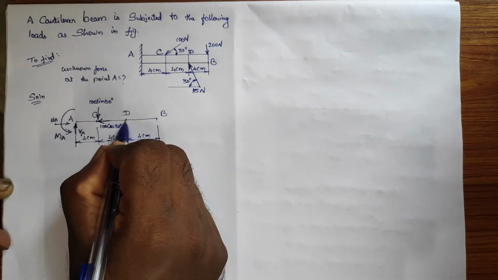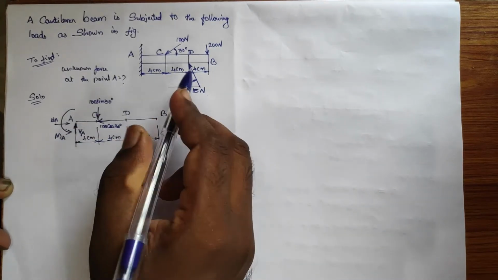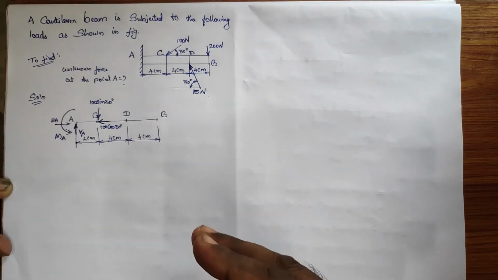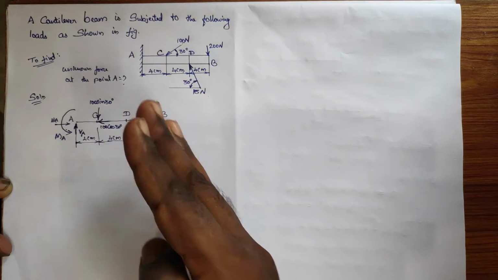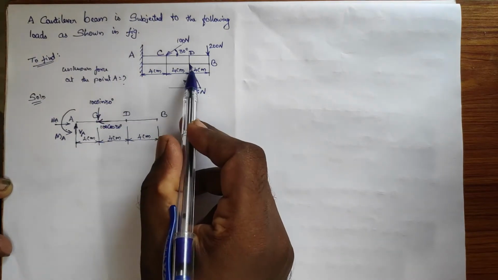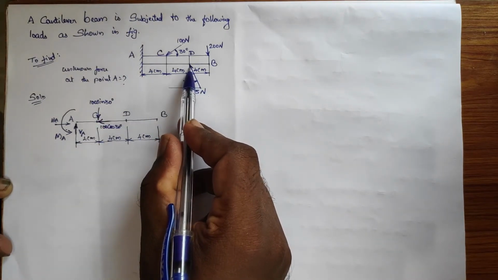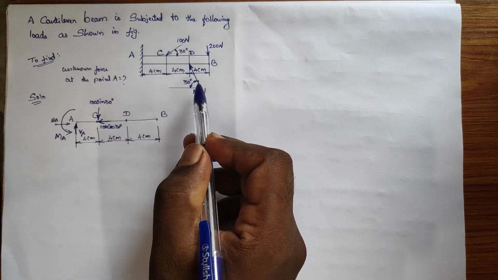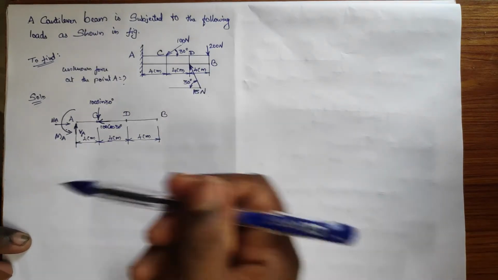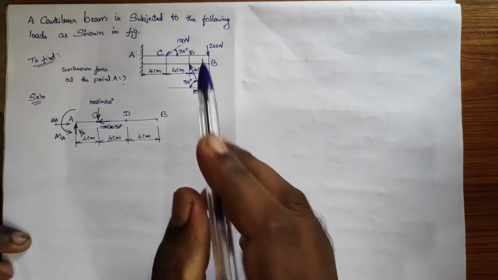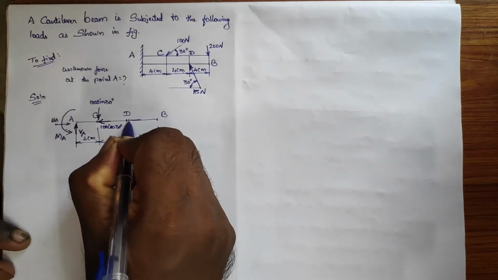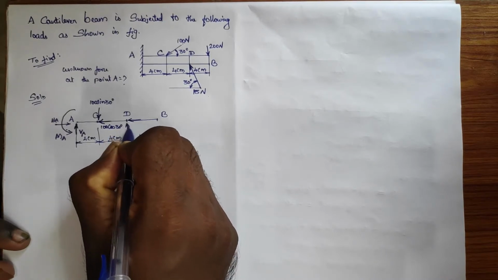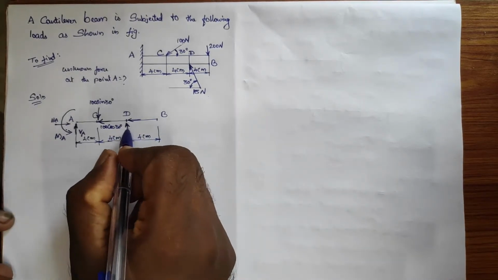At D there is an inclined force acting from below, moving upward, partially horizontal and vertical: horizontally towards left and vertically up.